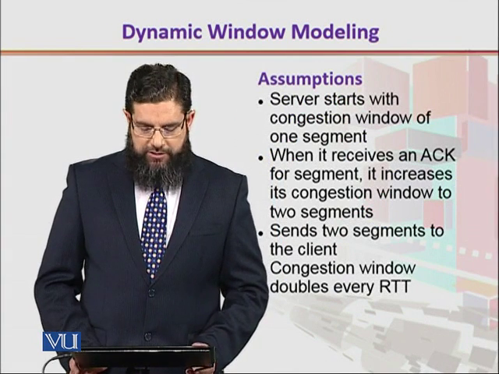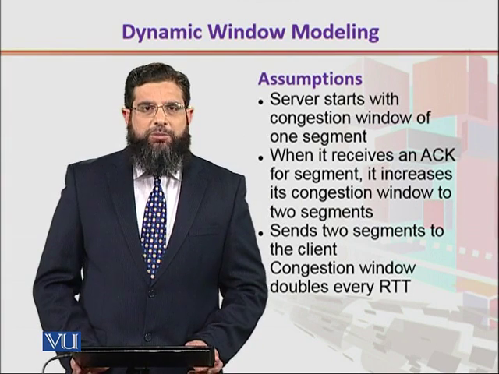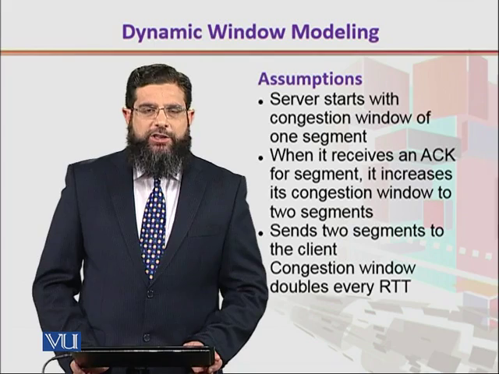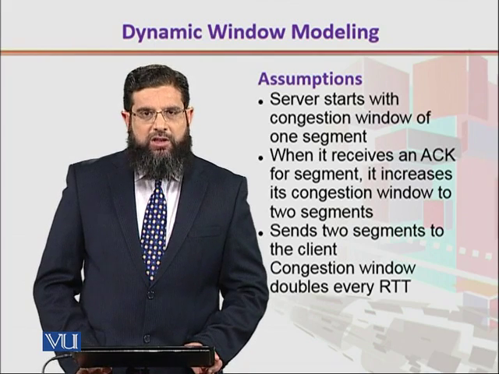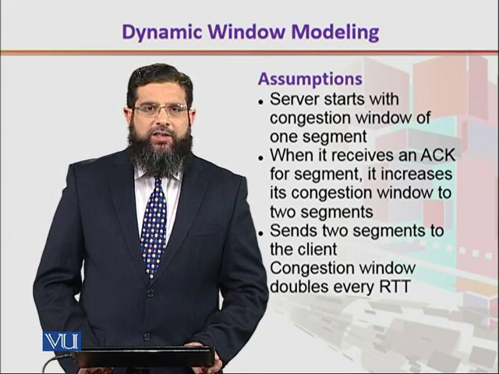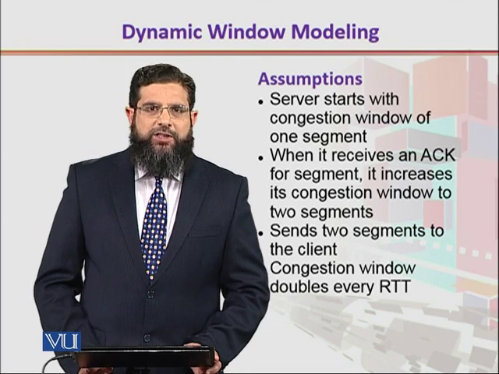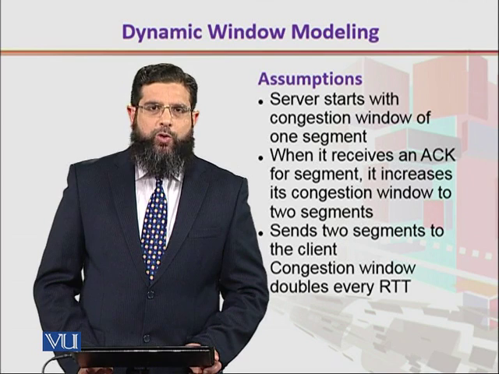Let's make certain assumptions. The first assumption is that the server starts with congestion window of 1 segment. When the segment is received by the recipient, an acknowledgement is generated. On successful reception of the acknowledgement, the server doubles its congestion window to 2. So 2 segments are sent, 2 acknowledgements would be received.